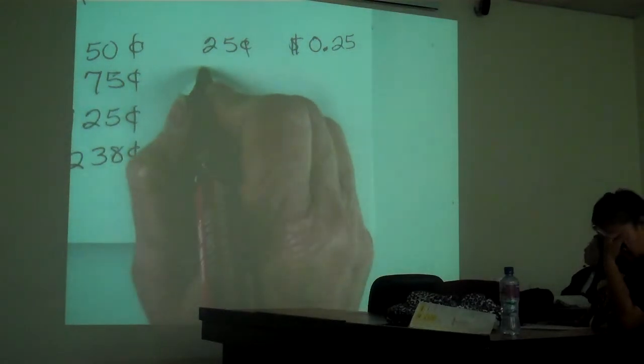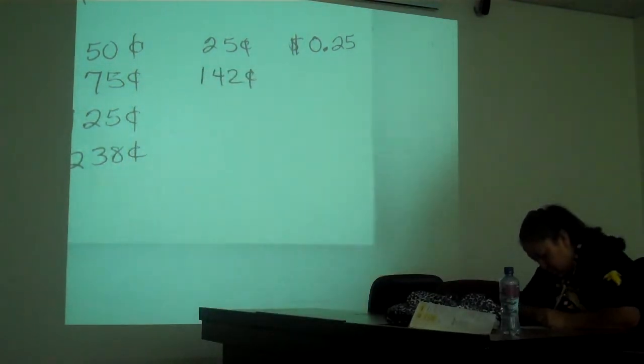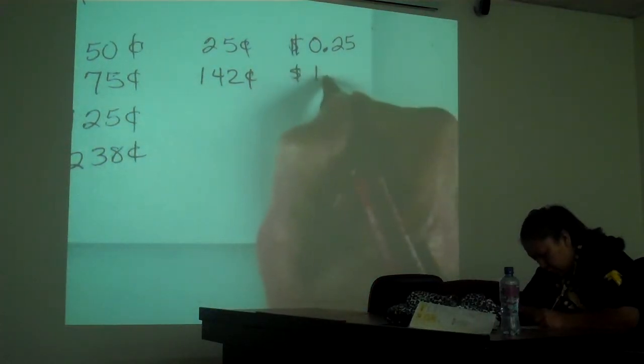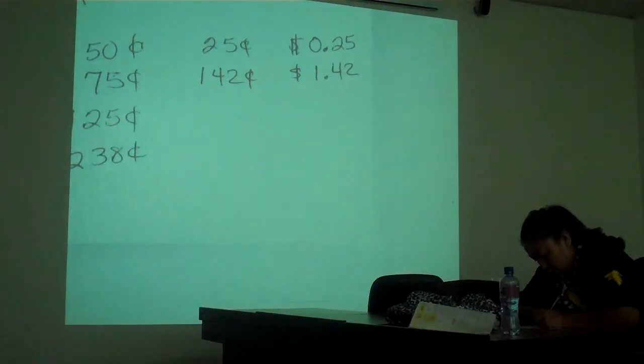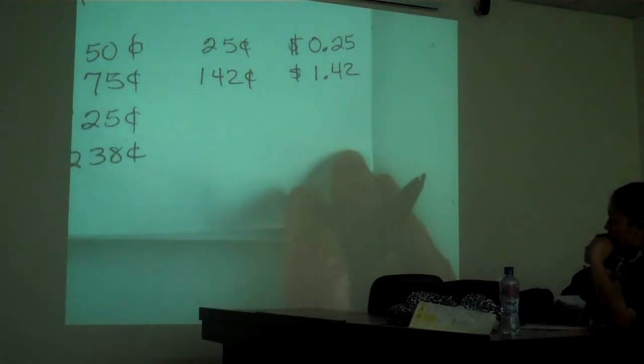Okay, how about 142 cents? What would that be in dollars? $1.42. $1.42, right. Okay? So y'all won't have trouble converting there. All right. And that's all the new stuff. There's a little bit of skills maintenance on there.